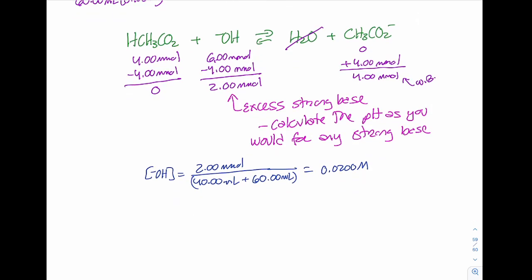Because this is a strong base, I'm going to determine my pOH. If you wanted, you could divide that into Kw. And I got 1.699. I do want 3 significant digits, right?